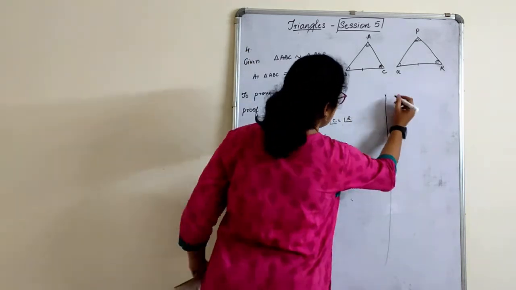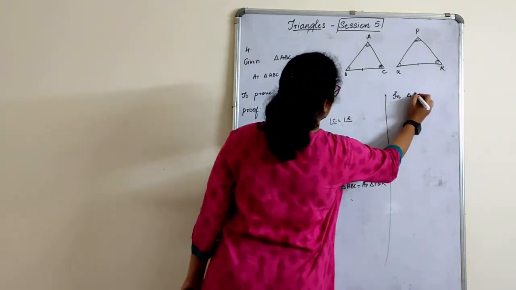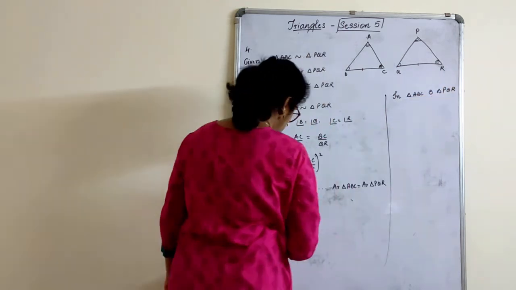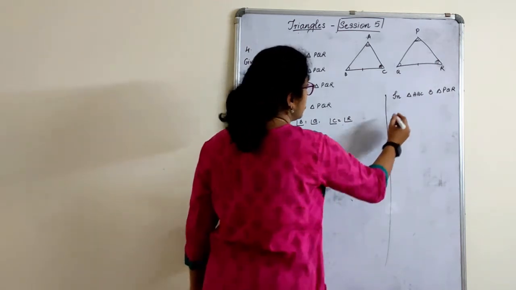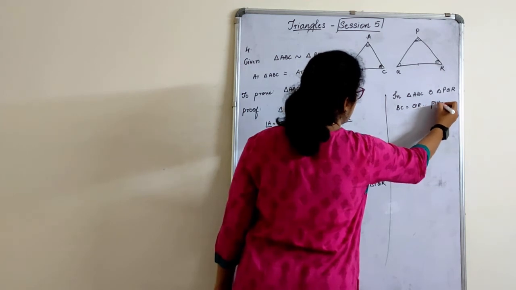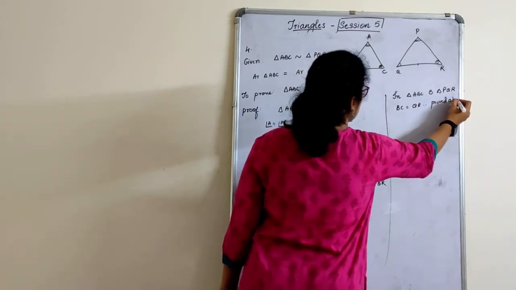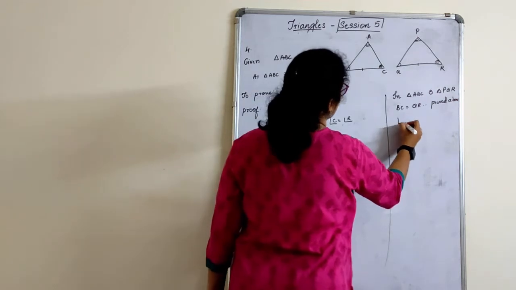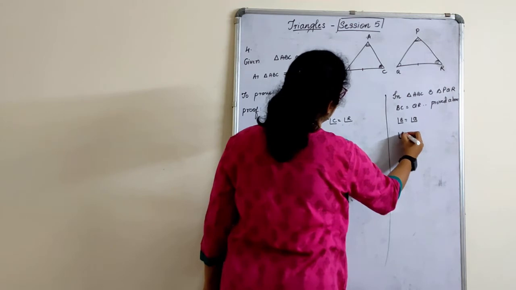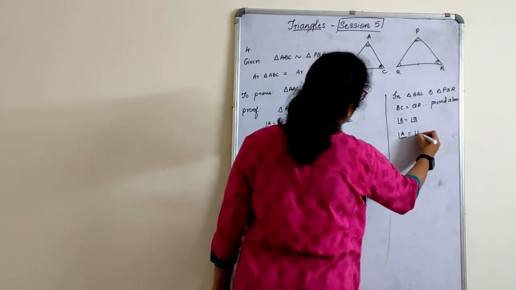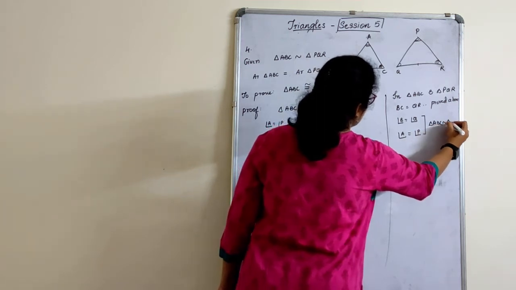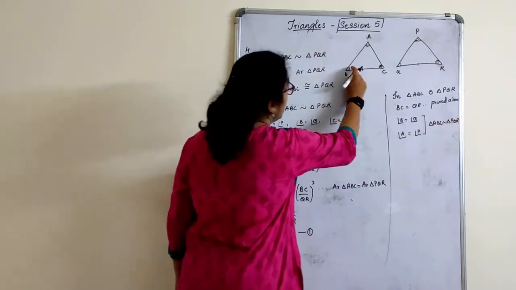Let's do the last part now. Choose the triangles. In triangle ABC and triangle PQR, BC is equal to QR. Reason: proved above. Then angle B is equal to angle Q, any angle you can take, and angle A is equal to angle P. Triangle ABC is similar to triangle PQR.